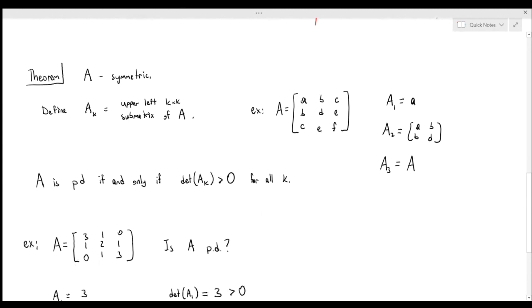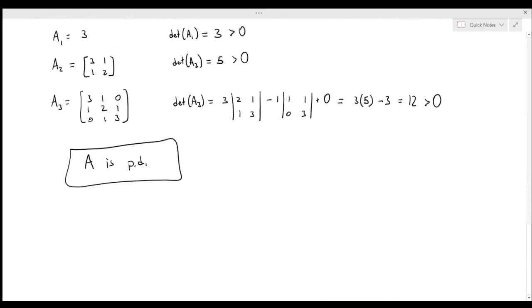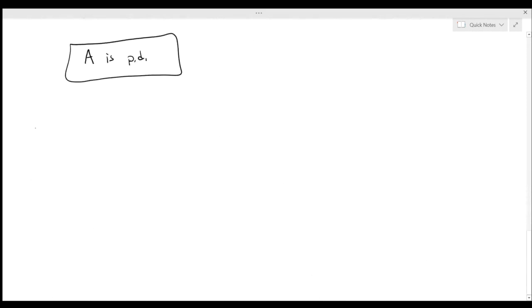Now I want to talk a little bit more about this theorem. Just going back to the theorem, what it says is, for a symmetric matrix A, if the determinants of all of these upper left submatrices are positive, that is equivalent to the matrix A being positive definite.